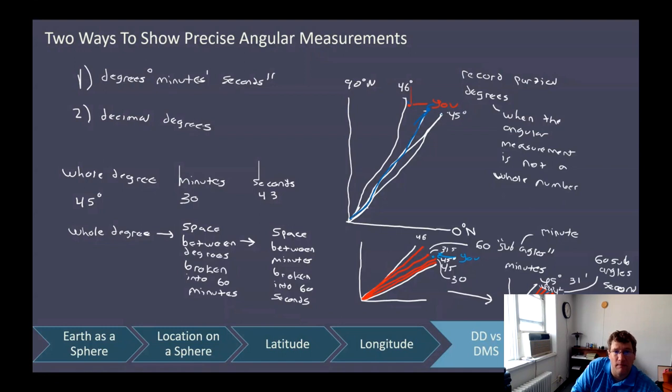If we estimate, between 45 and 46, you're approximately halfway, between 45 degrees north and 46 degrees north. So what decimal degrees would do is it would say, okay, give me the whole degree.